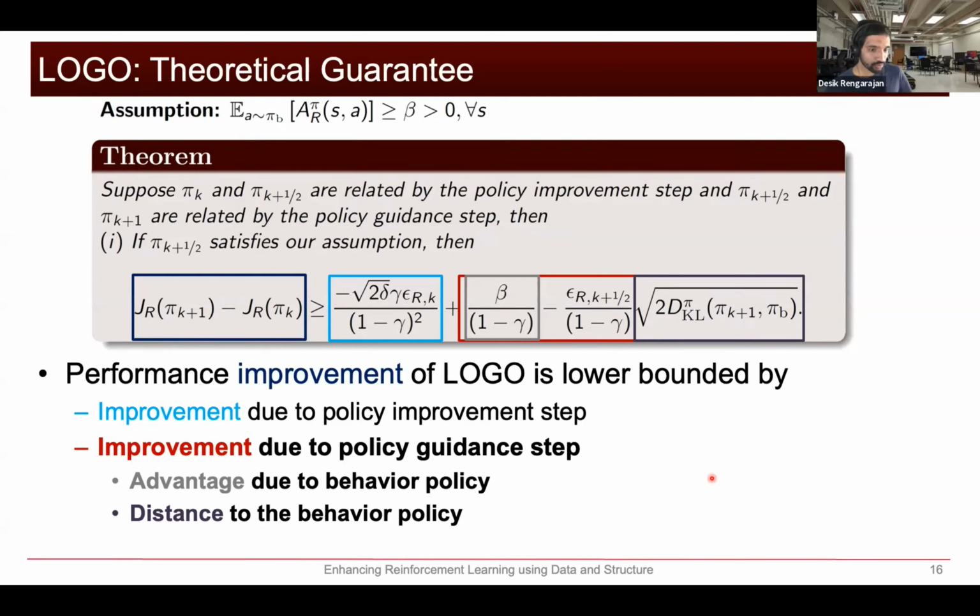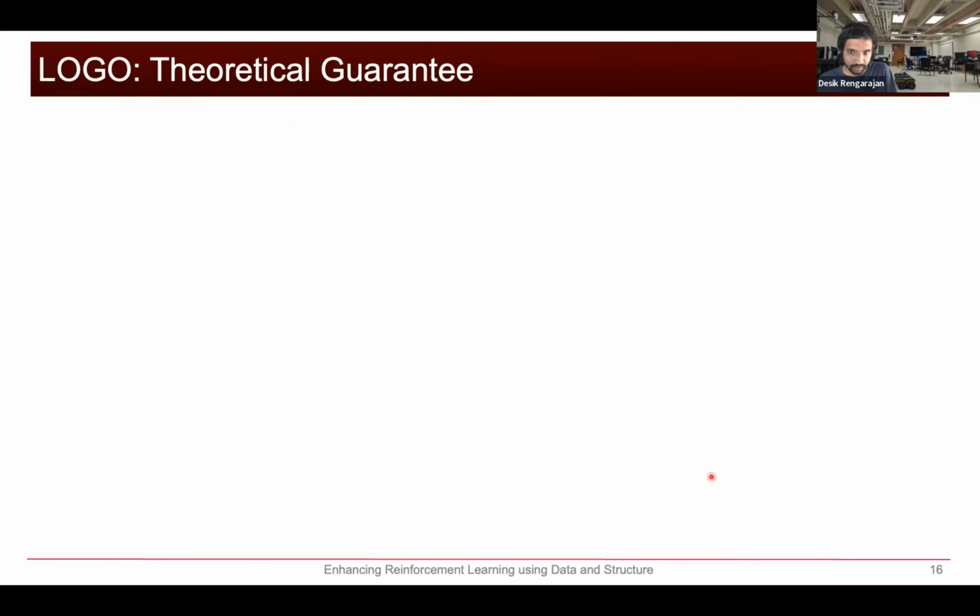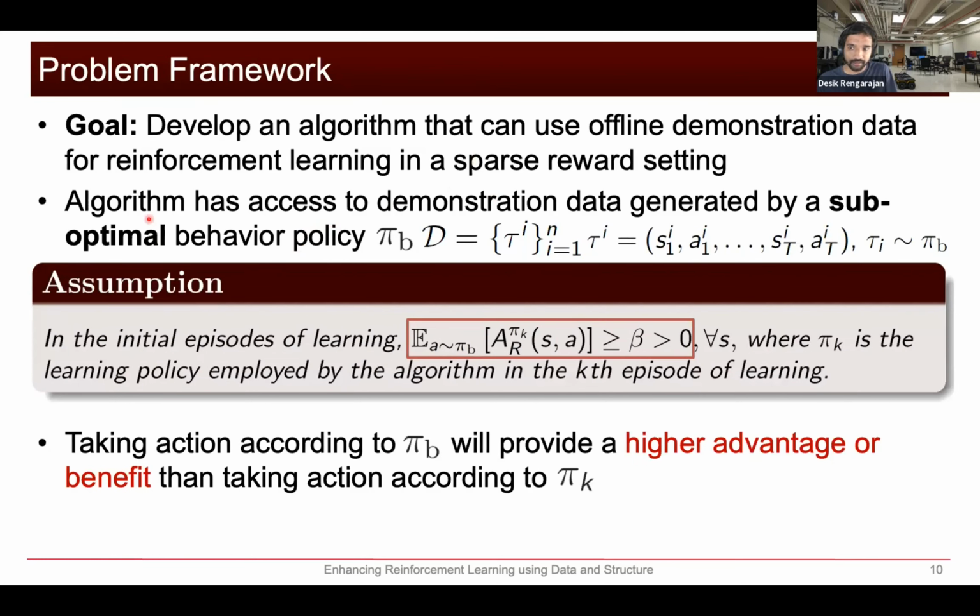In practice, no. If you have a lot of mixed demonstration data, even running pure imitation learning algorithms will not work, because you have a multimodal scenario. Here we assume that the data comes from a single behavior policy that generated it.